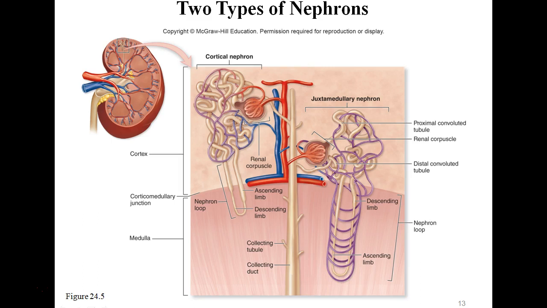The purpose of this is to establish salt concentration gradients that allow for the regulation of urine concentration by ADH, that is antidiuretic hormone. So in summary, cortical nephrons have a short loop of Henle, and their glomerulus is further from the corticomedullary junction. And juxtamedullary nephrons have a long loop of Henle, and the glomerulus is closer to that corticomedullary junction.